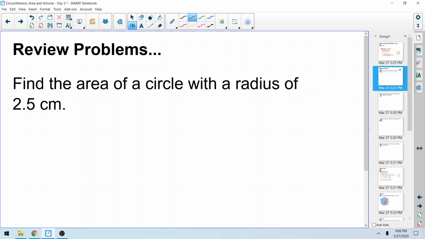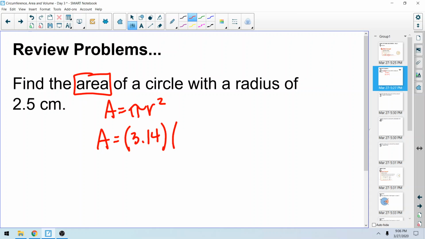A couple examples to start with. Find the area of a circle with a radius of 2.5 centimeters. So if the area equals pi r squared, and we're trying to find the area, then the area equals pi, which we're using 3.14, times the radius squared. It told us that the radius is 2.5, so we're just going to put in 2.5 and square it.